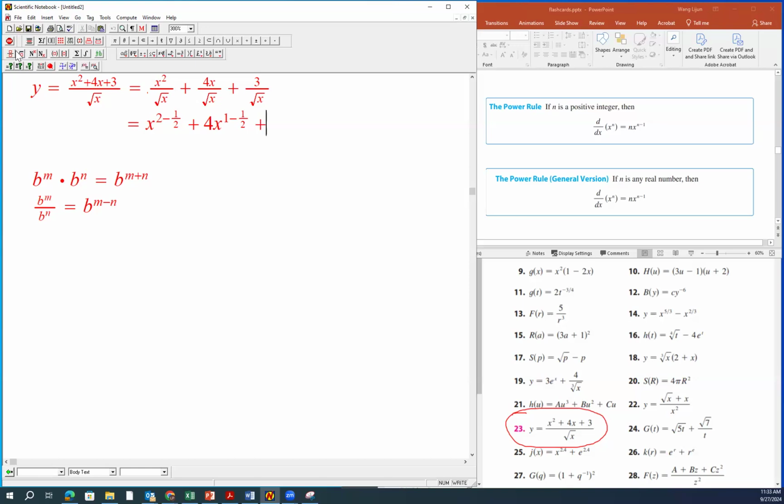And the last one, 3 multiplied by x raised to the power of negative half.